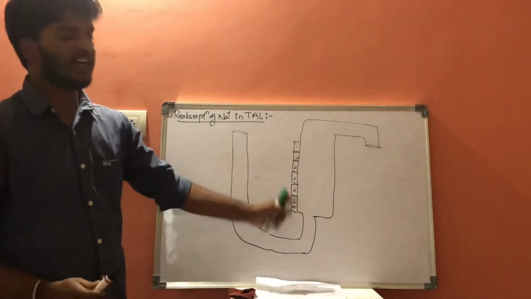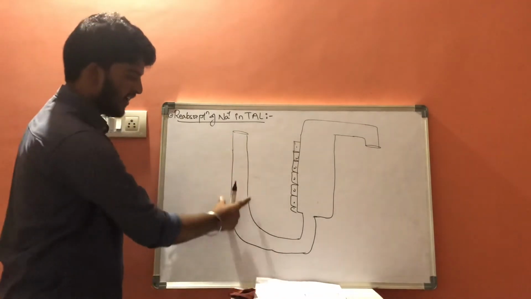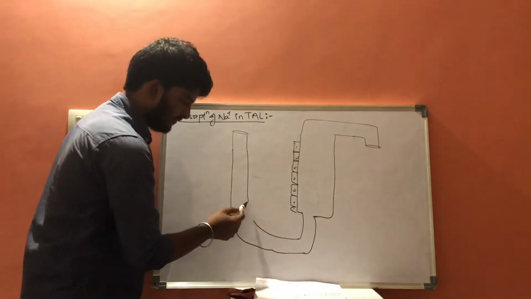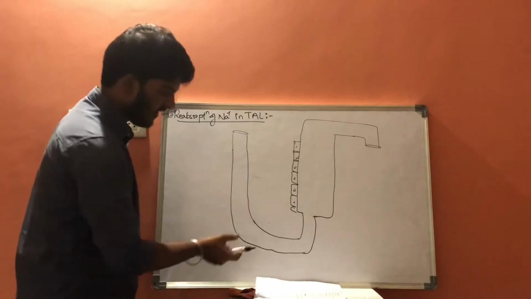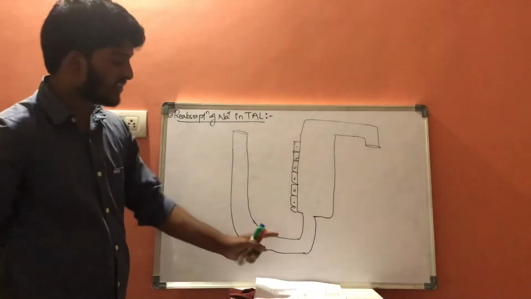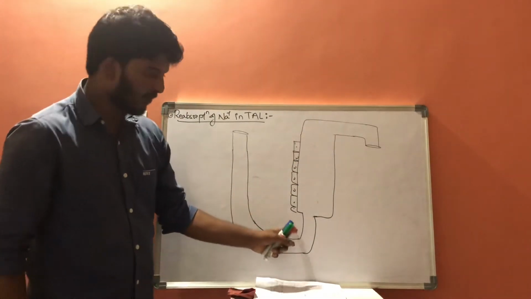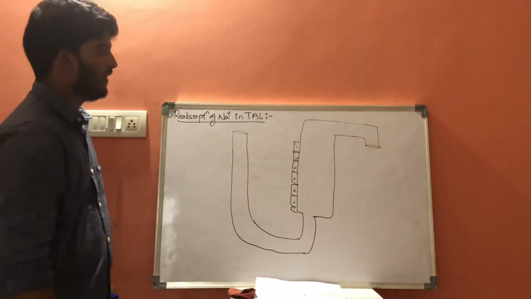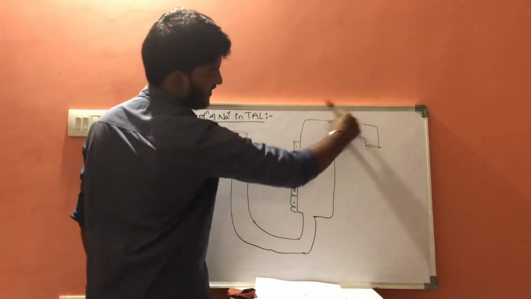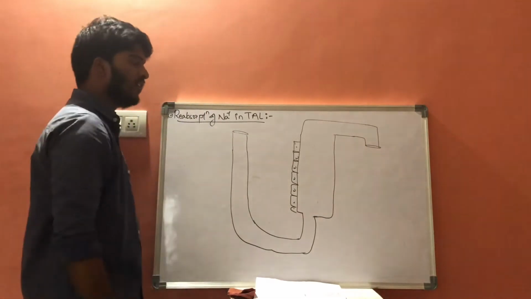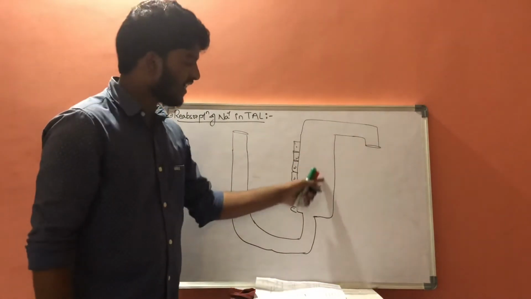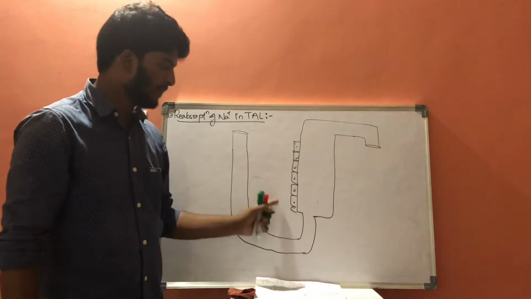Here this is the thick ascending loop of Henle. This is the PCT and the descending loop of Henle. This is the descending loop of Henle, this is the thin ascending loop of Henle, and this is the thick ascending loop of Henle, and here it continues to the DCT and collecting duct. Now this thick ascending loop of Henle is made up of a special type of epithelial cells.